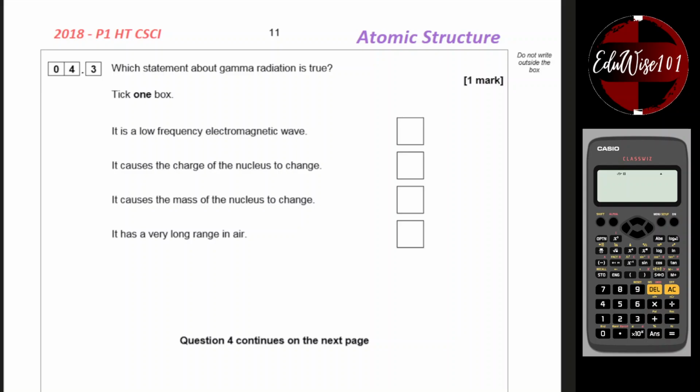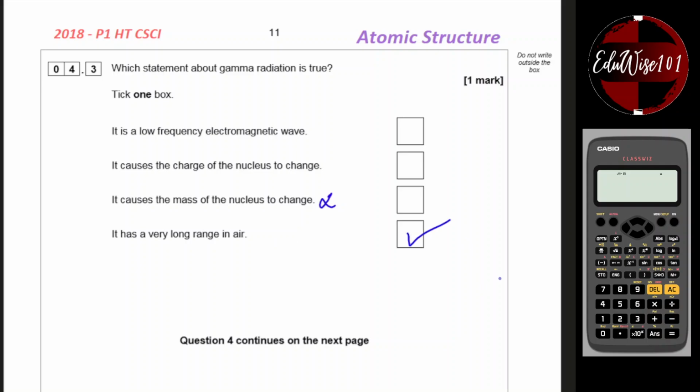Option number 2, it causes the charge of the nucleus to change. It's not ionizing. It's the least ionizing of all these 3. It causes the mass of the nucleus to change. Not really, as that mainly happens because of alpha radiation. It has a very long range in air.